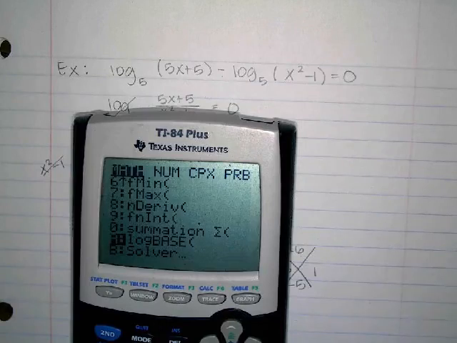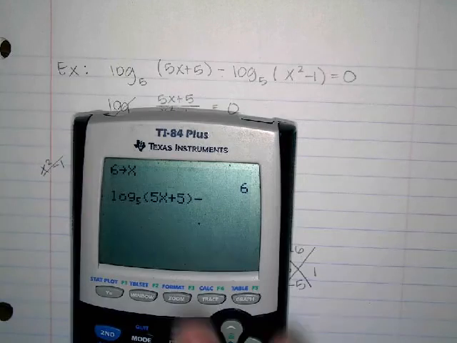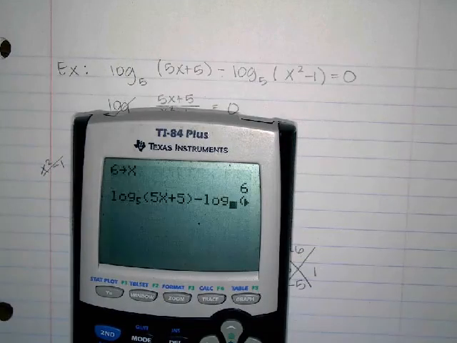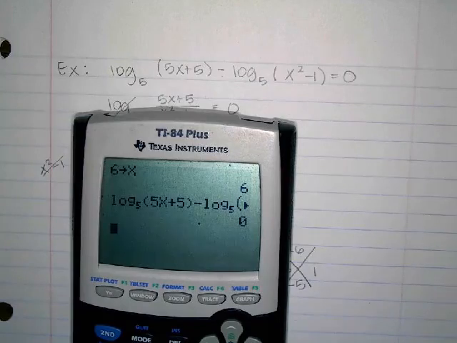That's how I get to a log base 5. Math up, up. Log base 5 of 5x plus 5 minus math up, up. Log base 5 of x squared minus 1. And I just want to make sure that equals 0. And it does, so 6 is a good answer.